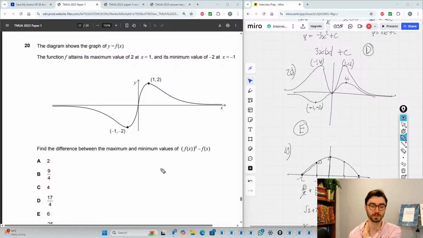Because, for instance, what happens in the case where f of x is equal to a half? Then in here, you'd have a quarter minus a half, which would be minus a quarter. And so that could have been negative. And that's what I forgot.